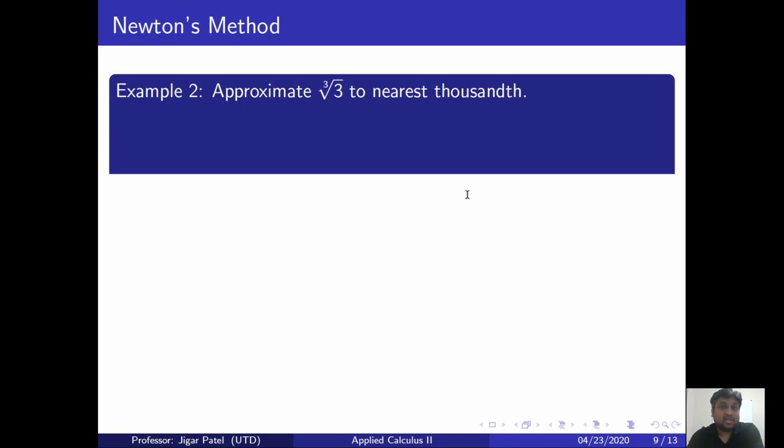Now, as you know, in the world of calculators and computers, we can easily calculate this number, cube root of 3. But imagine that 200 years back, if somebody would ask you, can you compute cube root of 3, this would have been a very challenging question.